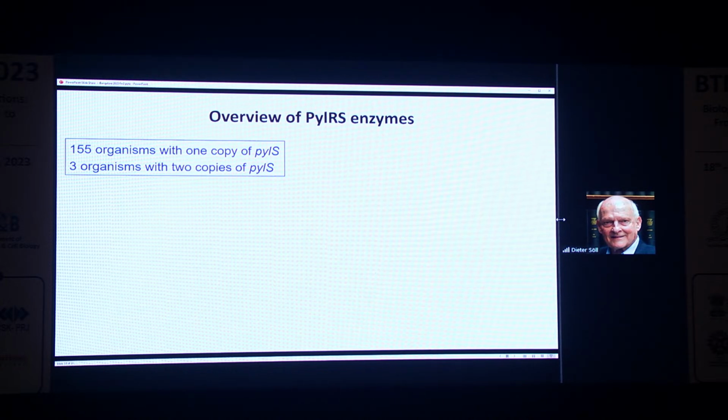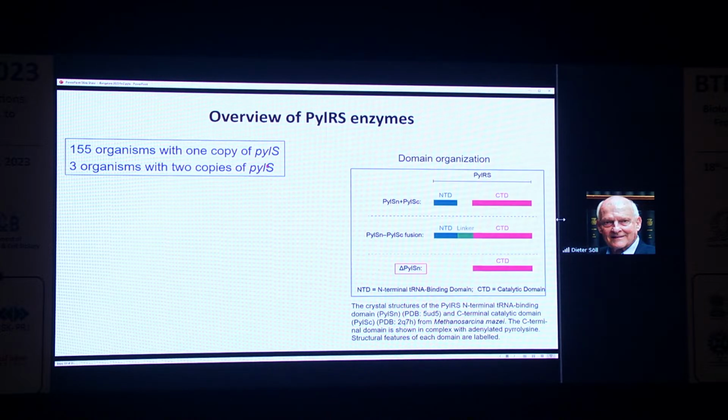The overview of PylRS enzymes comes from an analysis of 155 organisms that have 1 copy of PylRS and 3 organisms with 2. But the domain organization is very interesting. There is an N-terminal domain that is essential for activity, and also a C-terminal domain. And there are many organisms that have the N-terminal and the C-terminal domain separately encoded and not linked.